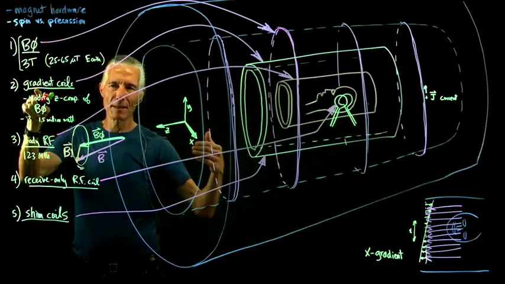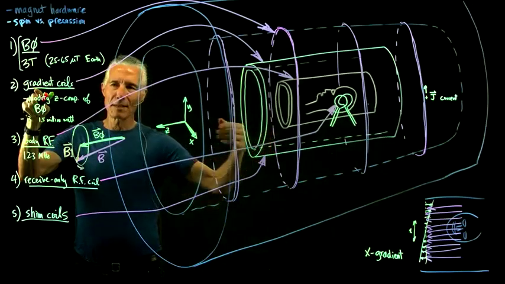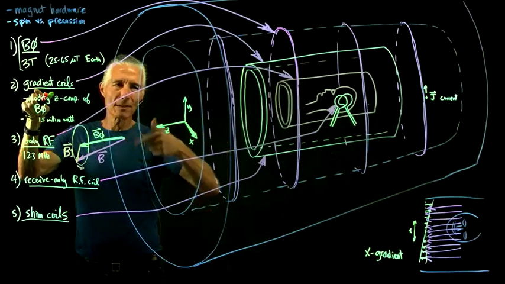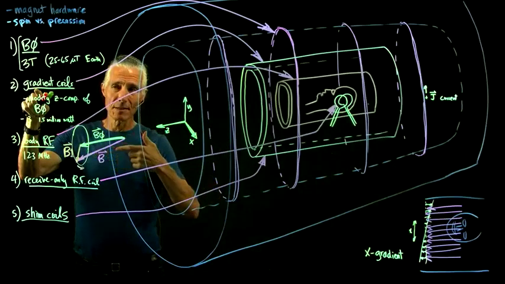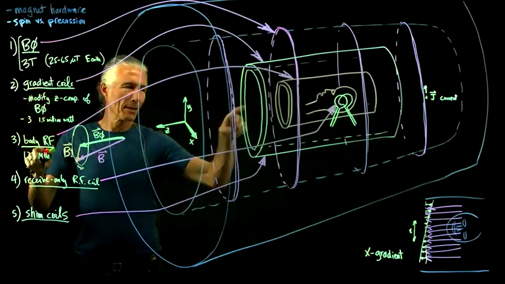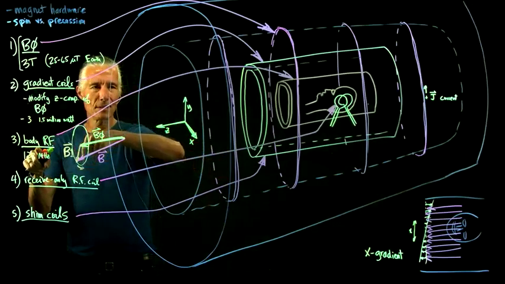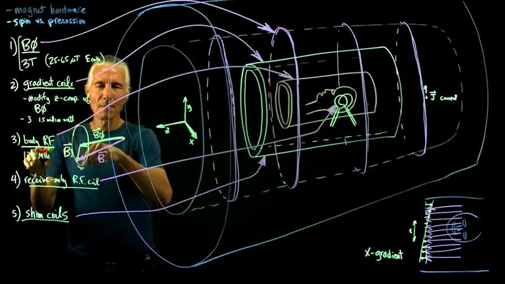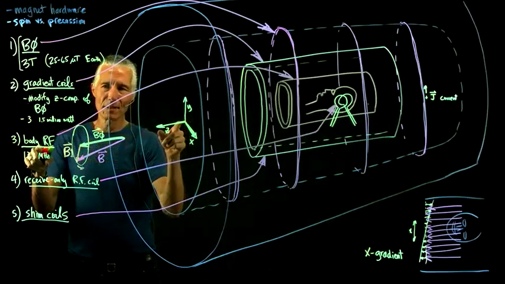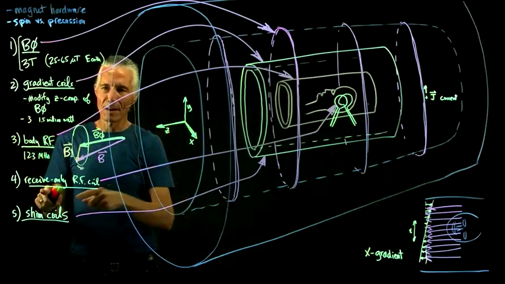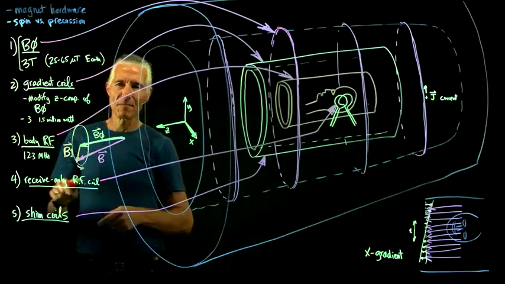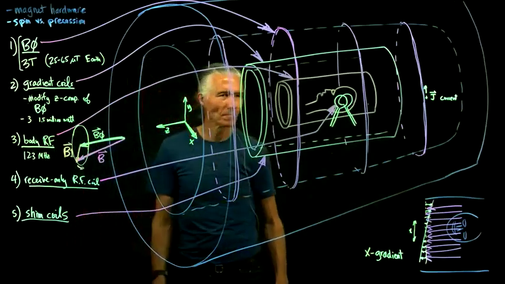That's how you make the images. Those guys change the strength of the B0 field in the Z component in different directions. And then you got the body RF, which makes a magnetic field that's perpendicular to the B0 field, rapidly rotating around. It adds on to the B0 field. And then you got to pick up the signal after you've generated it.